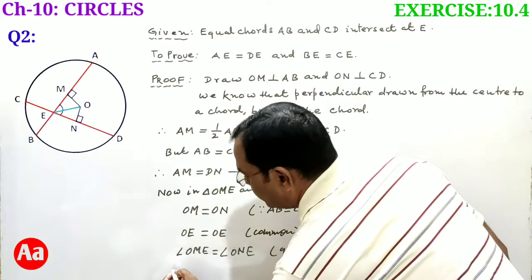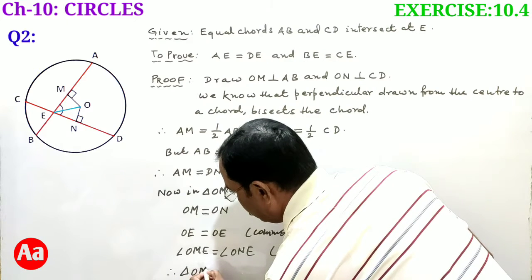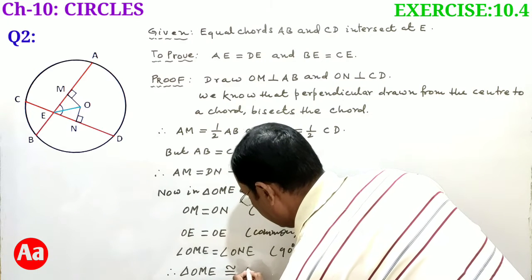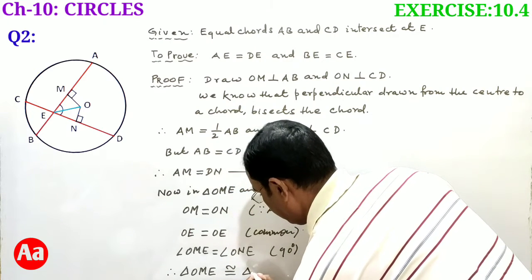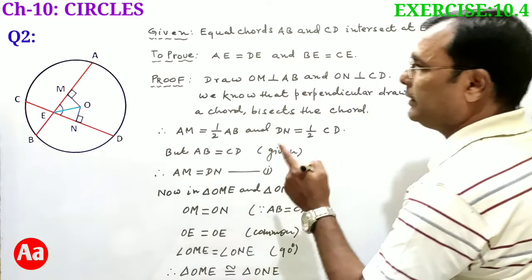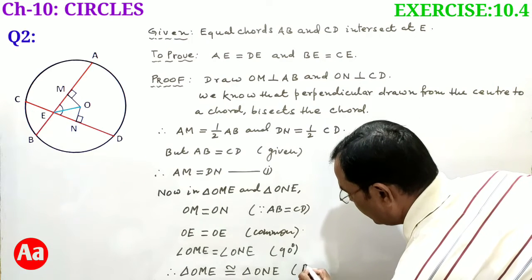So therefore triangle OME is congruent to triangle ONE by the RHS congruence rule.